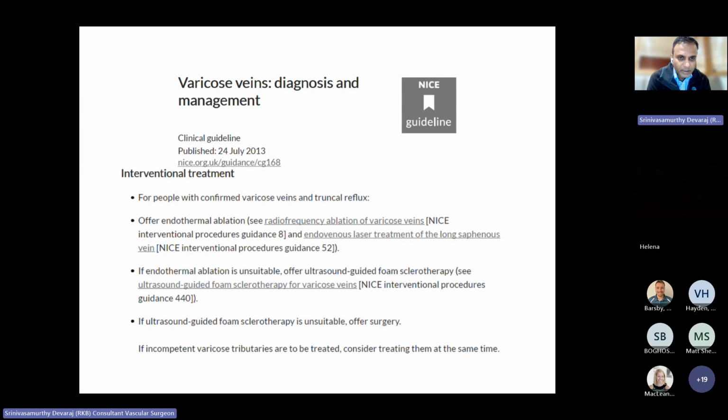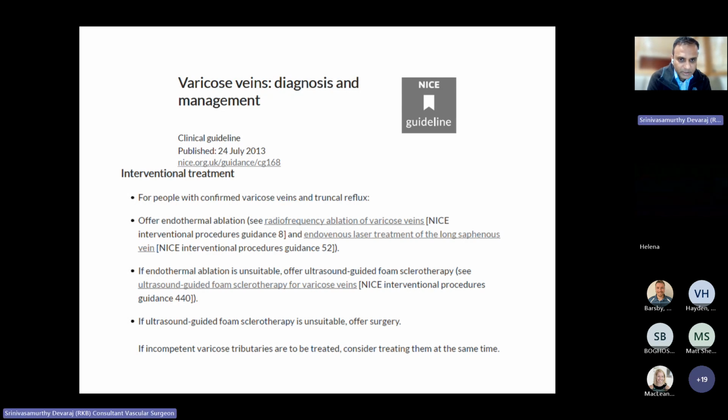Endothermal ablation basically involves using thermal energy or heat energy to close off or ablate the vein with faulty valves. It could be laser treatment or radio frequency ablation. These are the two main heat sources that we use.